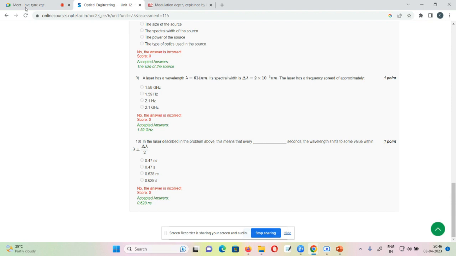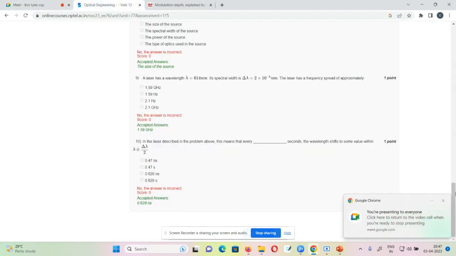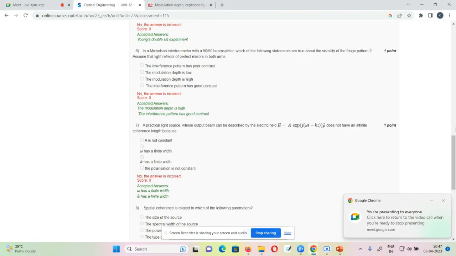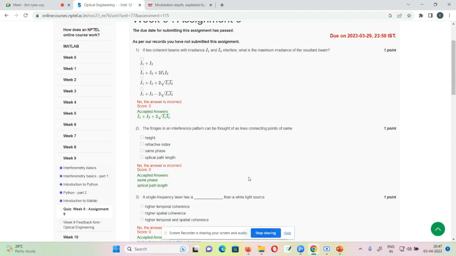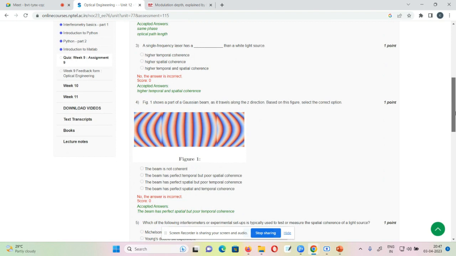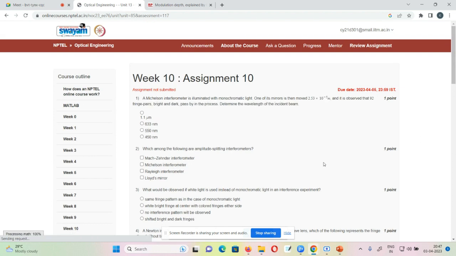Any doubt regarding any other things? In between, Raju sir was saying something about assignment problem 9. Let us go through assignment 10. What are they saying? Micro center is one of these methods.